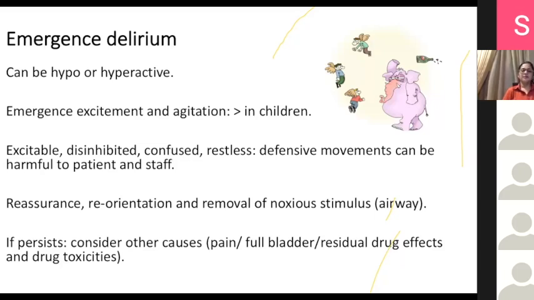Most of the time, our patients wake up, they're able to maintain their respiration, they can breathe spontaneously. But then you also have a subset of patients who become very excitable, they get disinhibited, confused, restless, so they're pretty much distressed. And these defensive movements can actually not only harm the patient, but can also harm the staff. And this is actually a problem.